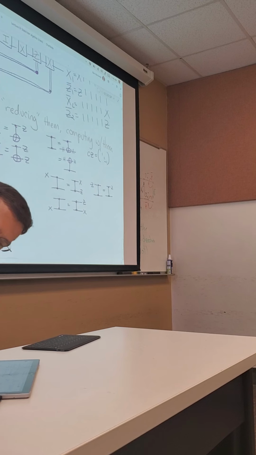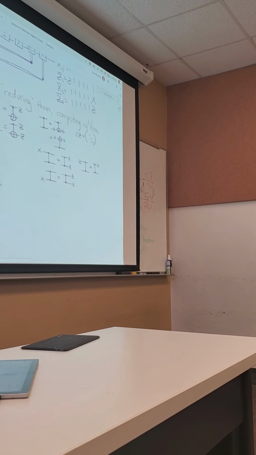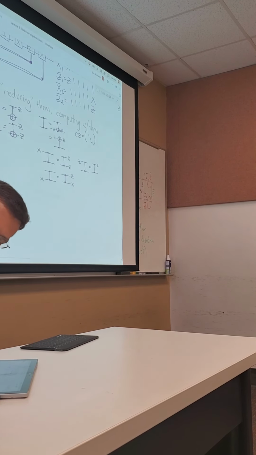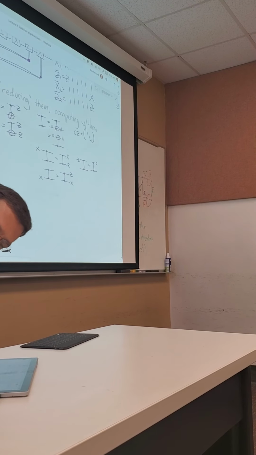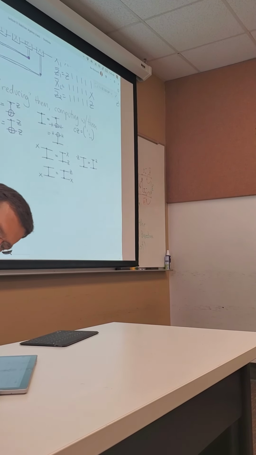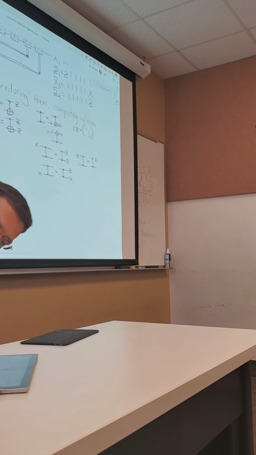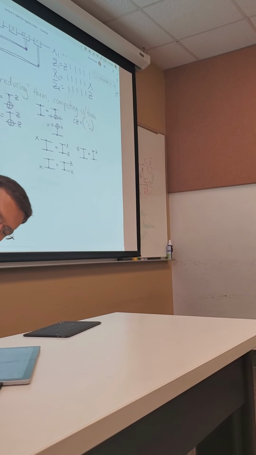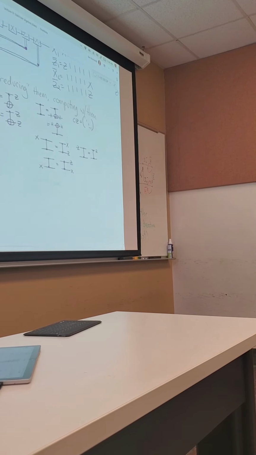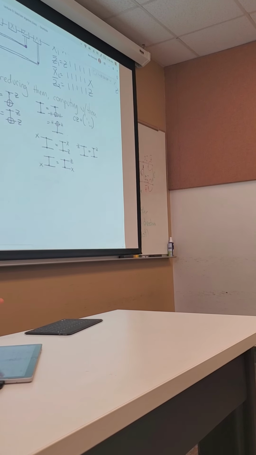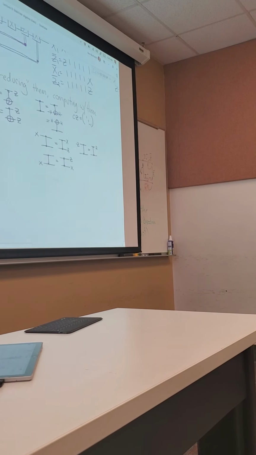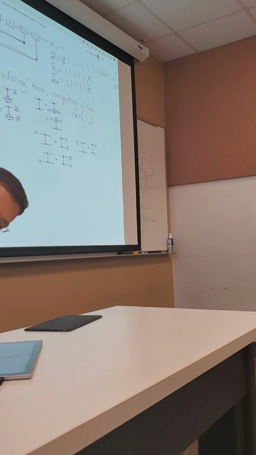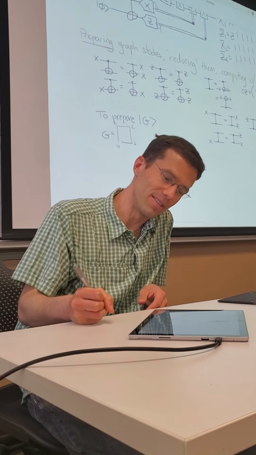So in other words, if I want to prepare the graph state psi of G corresponding to this graph, let's give the vertices numbers 1, 2, 3, 4.